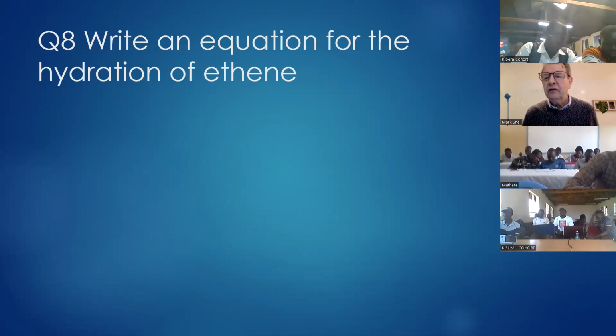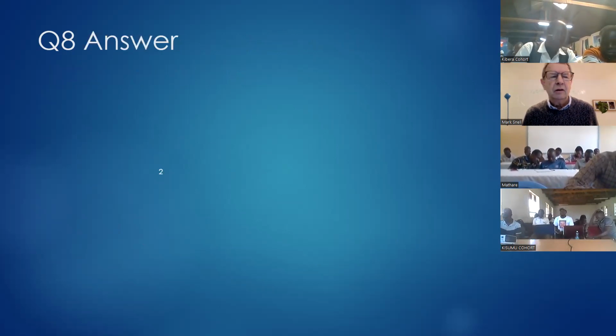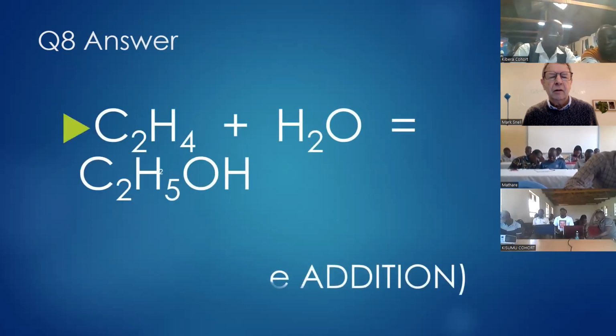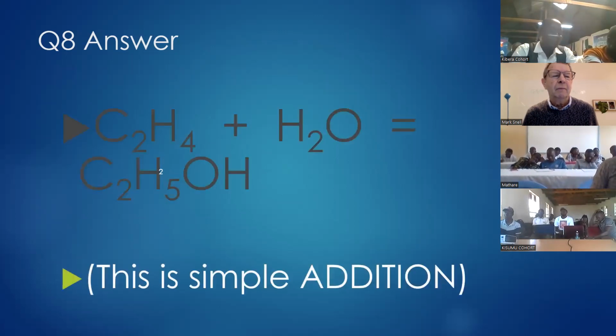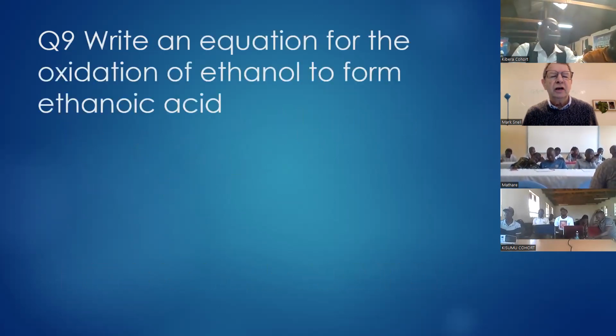And here's the answer. C2H4 plus H2O goes to C2H5OH. It's simple addition, nice and easy. C2H4, H2O, C2H5OH. Easy, Kubera, huh? Too easy? Yeah, okay.